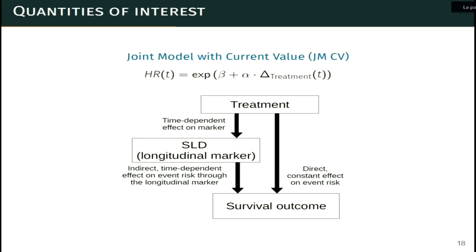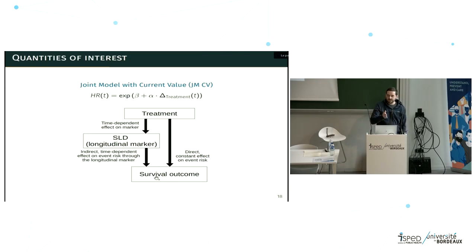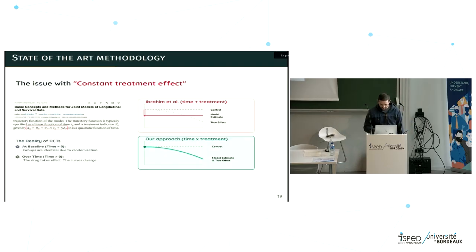So the idea is to have a treatment effect that is time-dependent on my longitudinal marker, and a time-dependent effect of my longitudinal marker on my survival outcome, some sort of mediation of treatment effect through tumors. And we also have a direct residual effect for any difference in risk between two treatment lines that is not explained by my tumors. Okay?